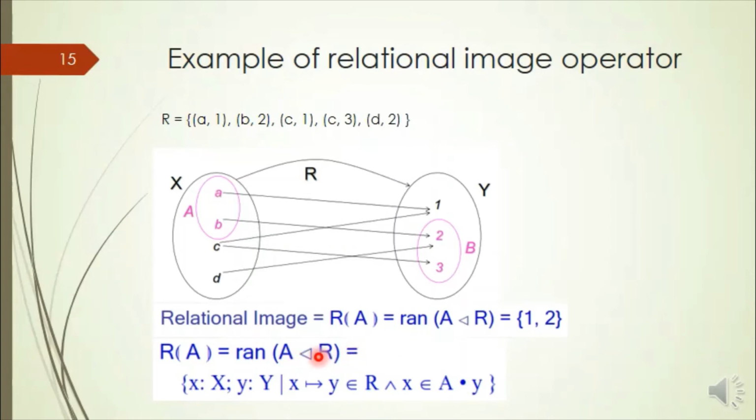But the domain restriction operator returns us ordered pairs, not just the images. So if we apply the range to the result of the domain restriction operator, then we will get the same answer. Students, you need to apply this formula to get the answer.